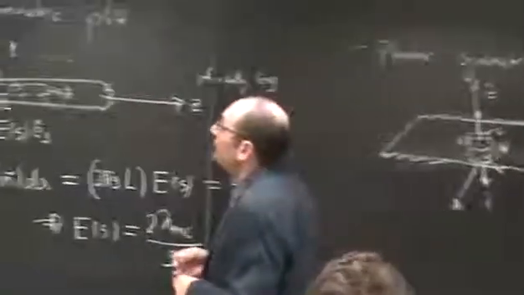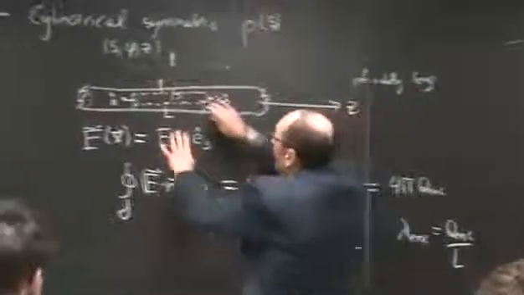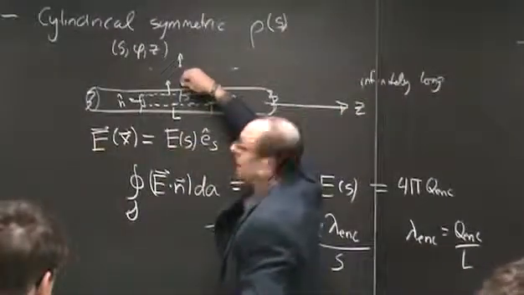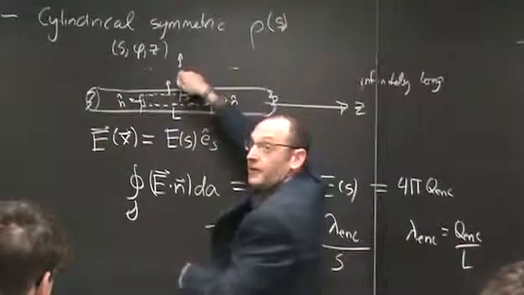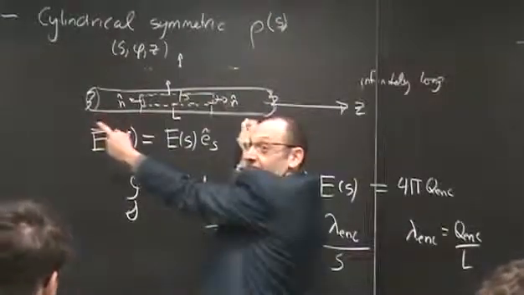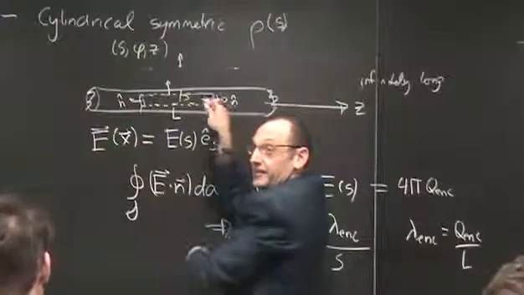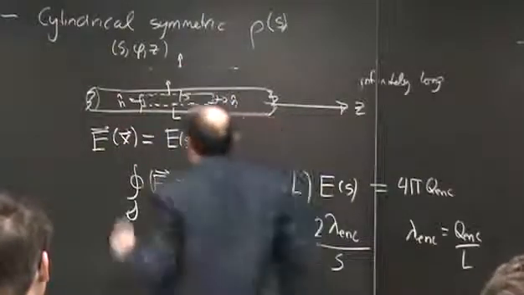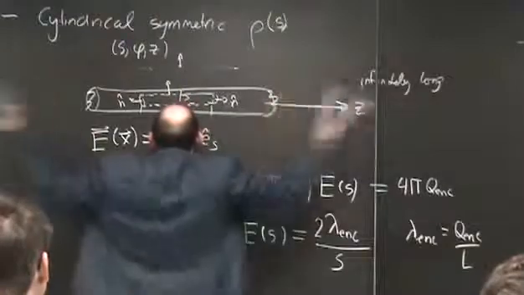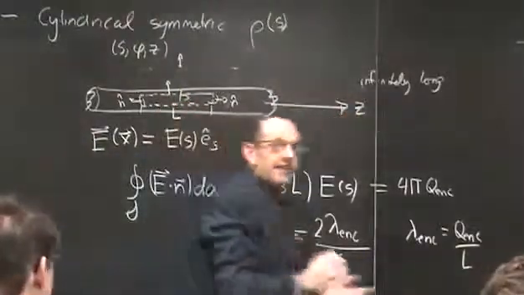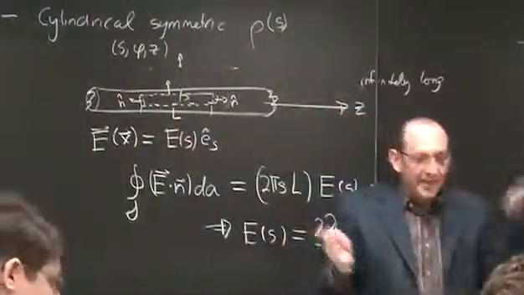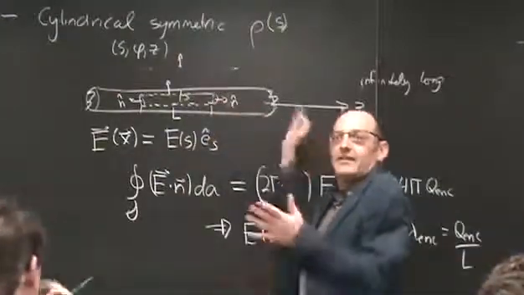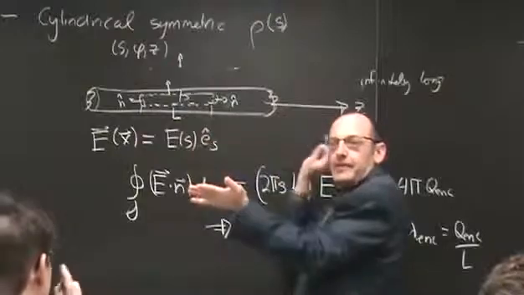In this case, if I'm at a distance that is small compared to the length of this cylinder, then, right up here, I can't see the ends of this thing. I can try on my nose. I can't see the end, so from my perspective it's infinite.